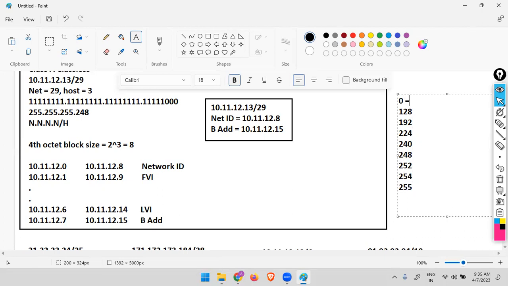This is all zeros. Like this, we keep on increasing. So you have to remember these values. Even these kinds of questions are there.